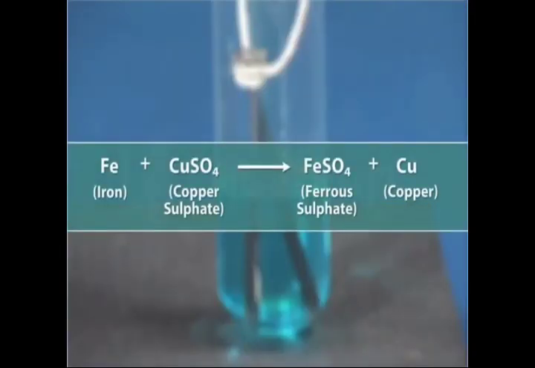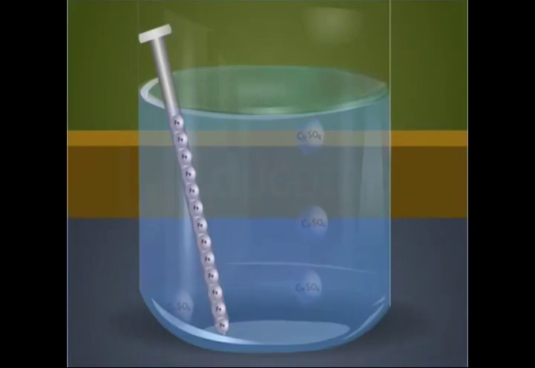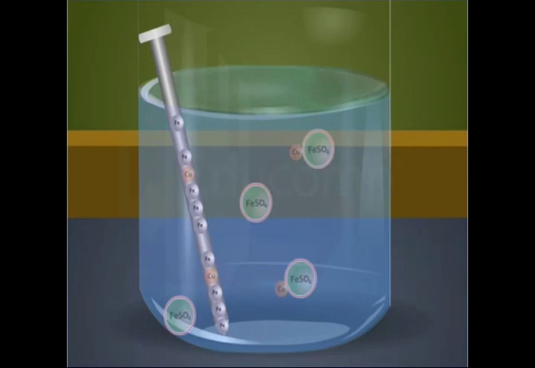When iron nails are dipped in copper sulfate solution, the iron metal reacts with copper sulfate, which results in the formation of ferrous sulfate and copper metal. In this reaction, iron being more reactive than copper displaces copper from the copper sulfate solution and forms ferrous sulfate, which fades the deep blue color of the solution.